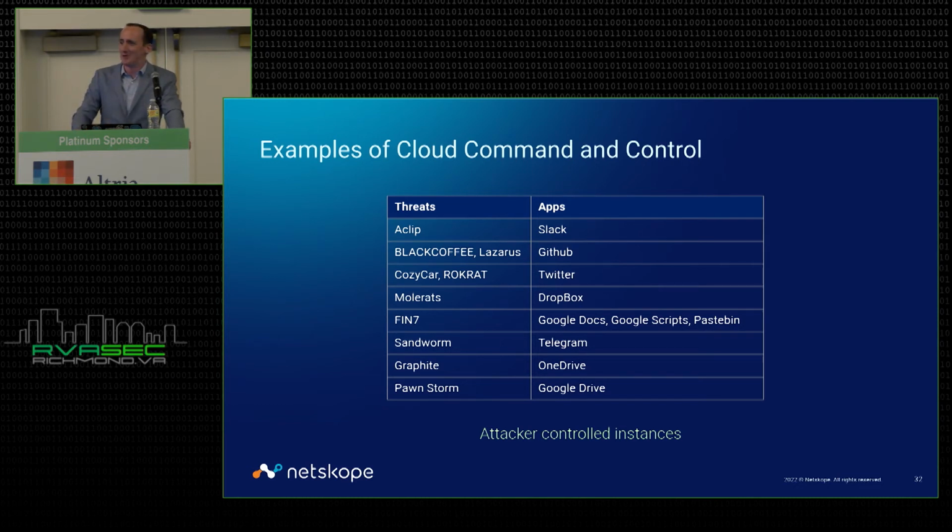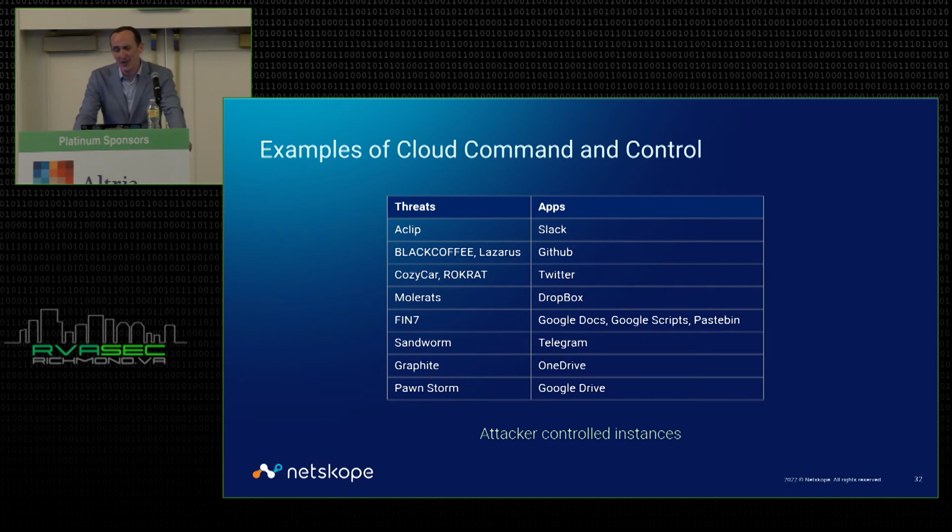If you go to GitHub and look for cloud command and control tools, you can just download them, and they're really useful for people like us because it's fun to run them in our environment and say, hey, if somebody started using Twitter as a command and control channel, would anybody notice, right? Would any of our security controls say, it's really weird that Ray started tweeting base64 encoded strings every 10 minutes, and he does it 24/7 now?